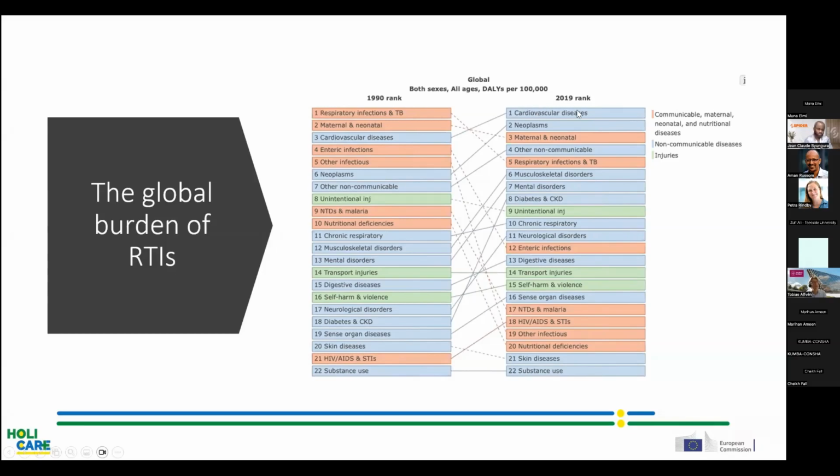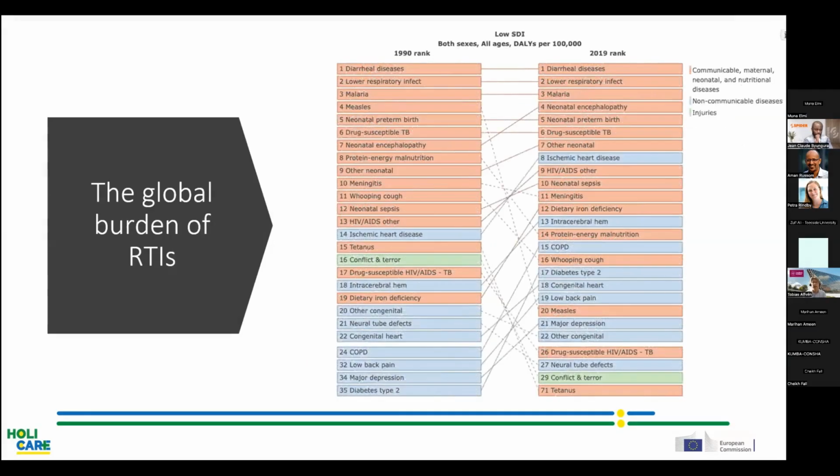Now we have cardiovascular disease #1, neoplasm, meaning cancer, maternal neonatal morbidity and mortality, other non-communicable diseases, and then we have respiratory tract infections and TB as #5 globally, still high up, but not #1.